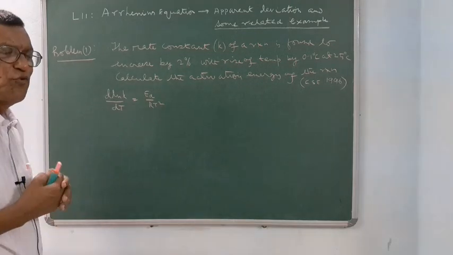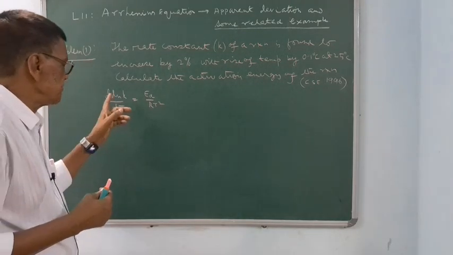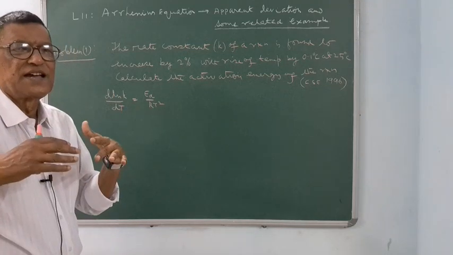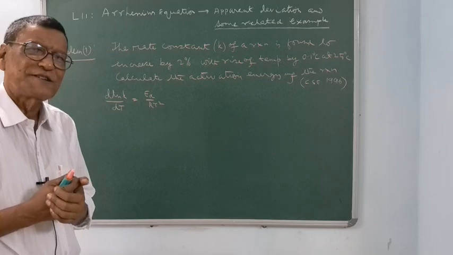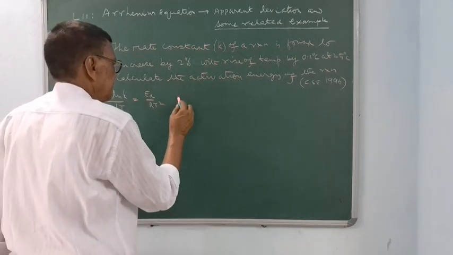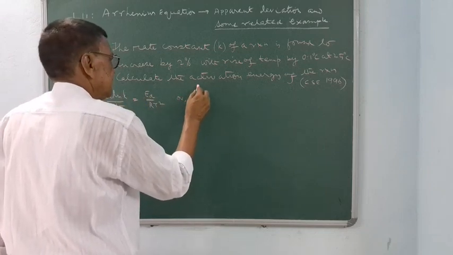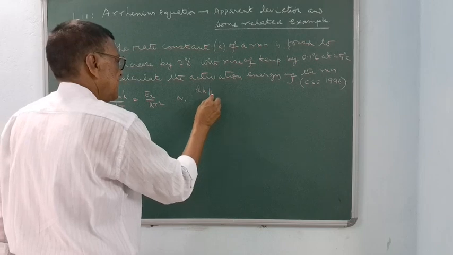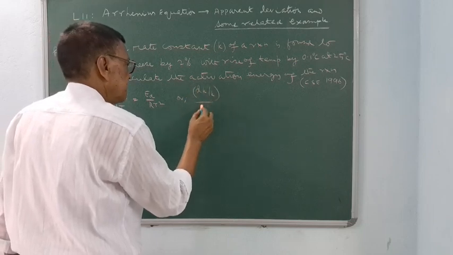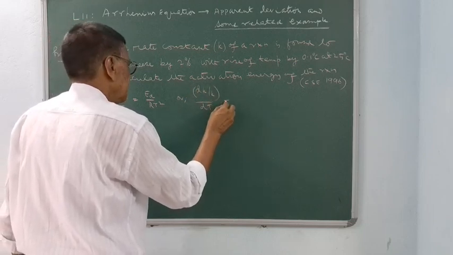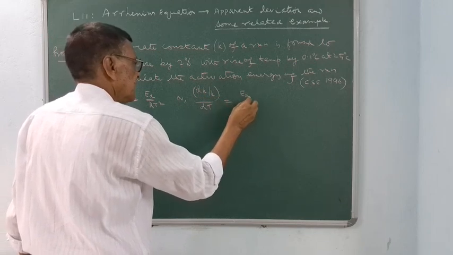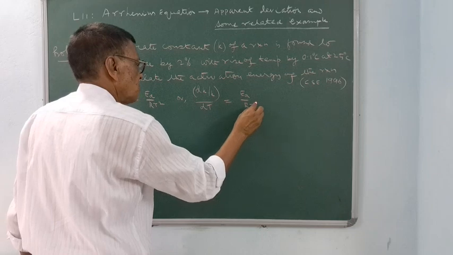It is the differential form of this Arrhenius equation. We can write it as dk by k divided by dT equal to EA by RT square.